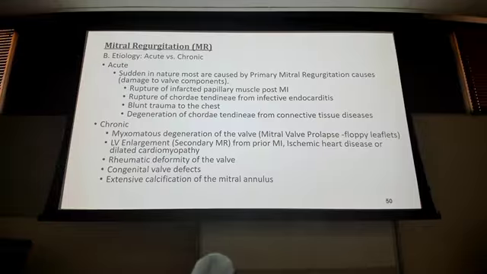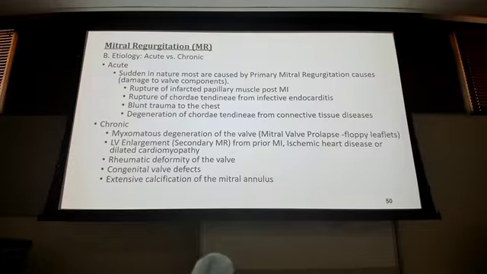So in an acute setting, let's say the patient has a heart attack, knocks out the papillary muscles, and now you just have a valve leaflet kind of floating in the breeze. That's quick onset. The heart has no opportunity to compensate for those physiologic changes. So that's going to lead to a very serious condition developing quickly, okay?